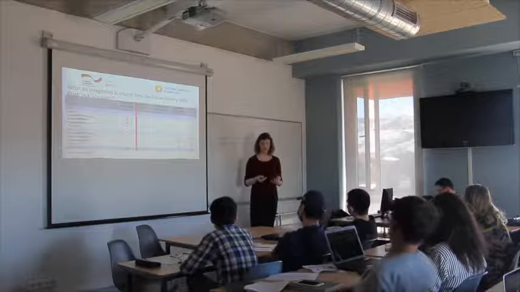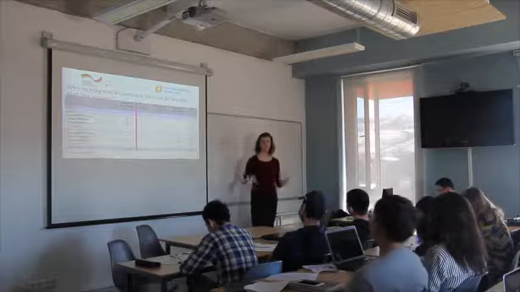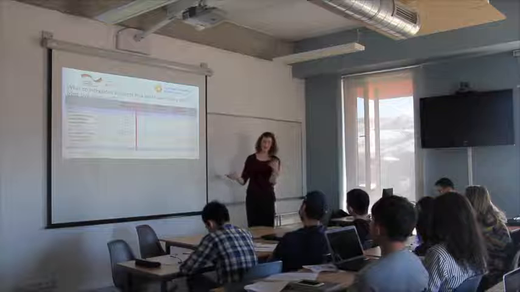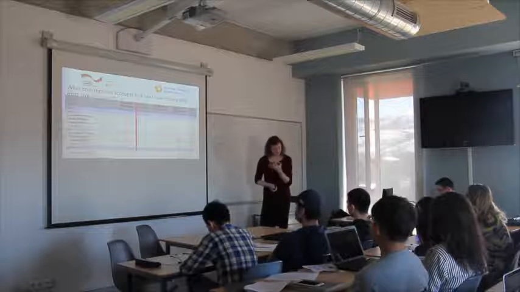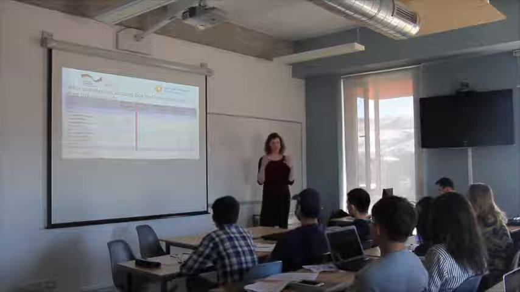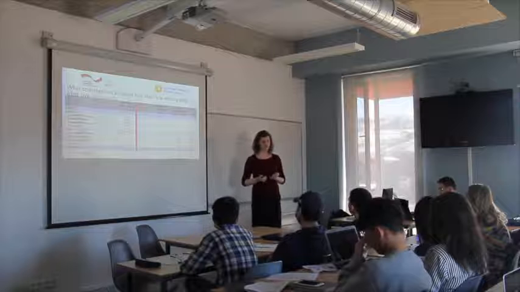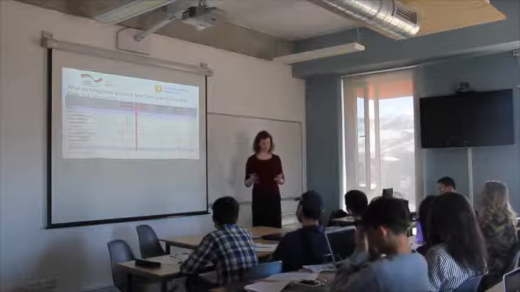We need to be sure that we are not depleting them. Because maybe we can do it, maybe our children can do it, but then there may be no other children coming afterwards. So we need this type of thinking. Although it's new for us, and maybe we're not comfortable with it, we need it to be able to make better decisions, to take all these important things into account.